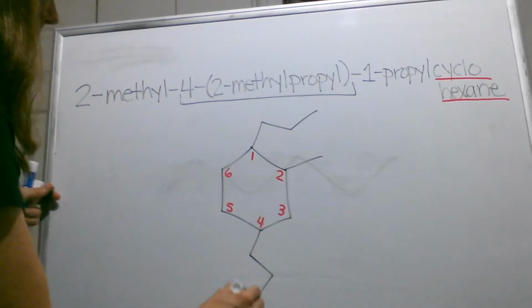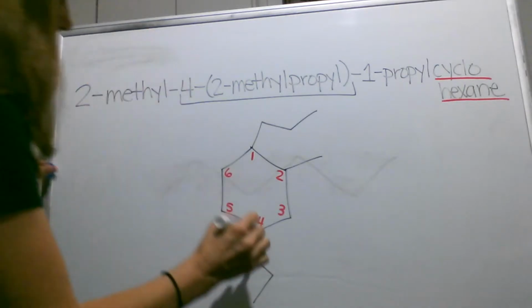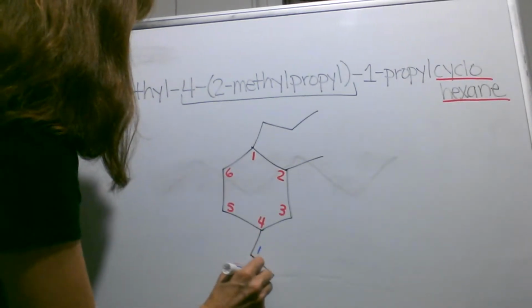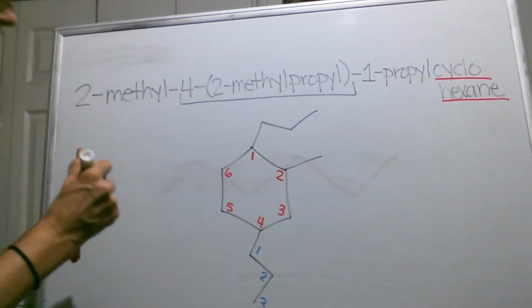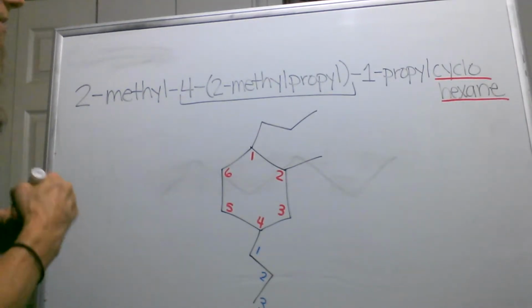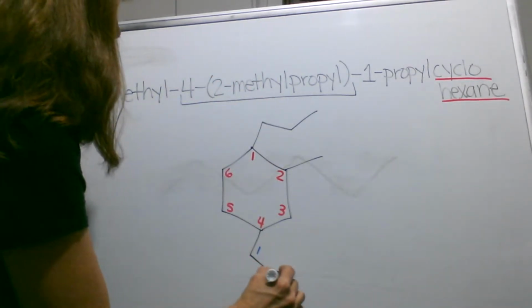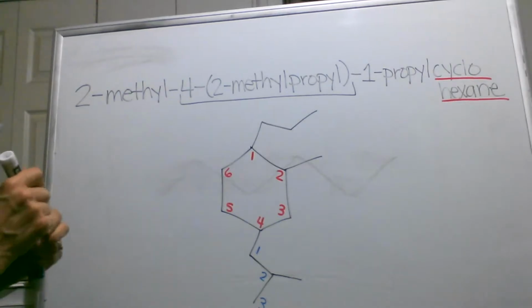So we have this 3-carbon chunk that has its own branching, so we need to number that piece. So there's our 3 carbons for propyl, and then on carbon 2 of that alkyl chain, there's a methyl.